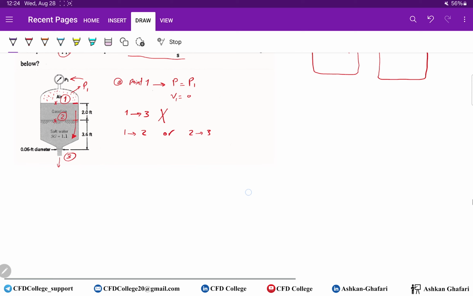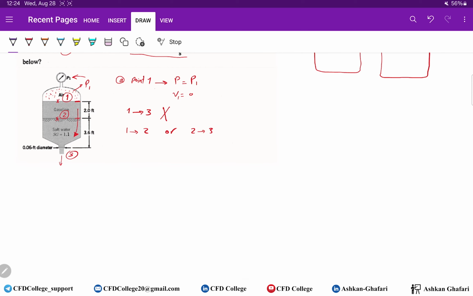And what should we do for this problem? It's obvious that if we write the Bernoulli equation between point 2 and 3, we may find pressure at point 2, and then we can find P1 because we know the relation between P1 and P2.